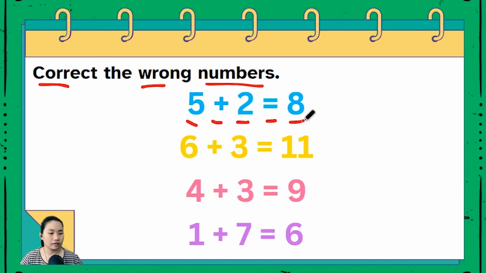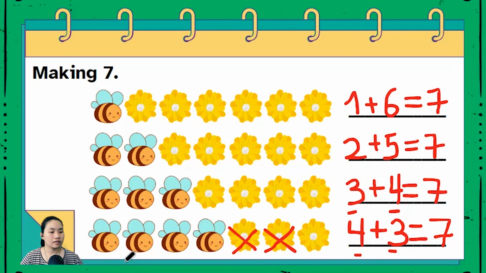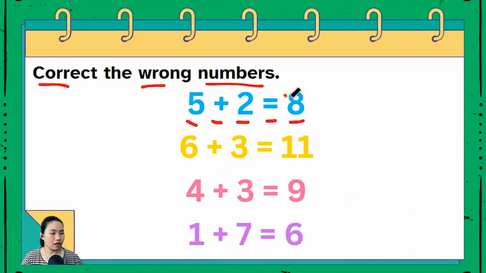Is that correct? Is 5 plus 2 equals 8? Well, if we go to this slide over here, we can see that 2 plus 5 is the same as 5 plus 2. And what is the sum? It is 7, okay? It is not 8, but 7.